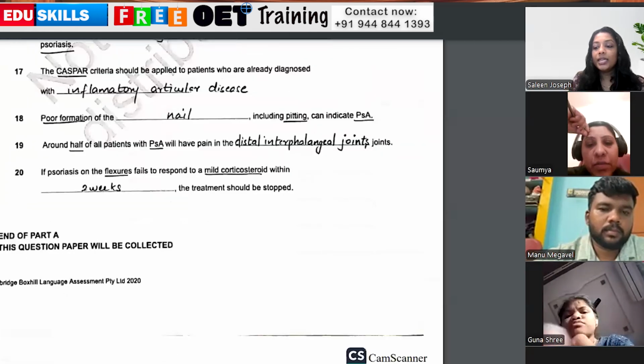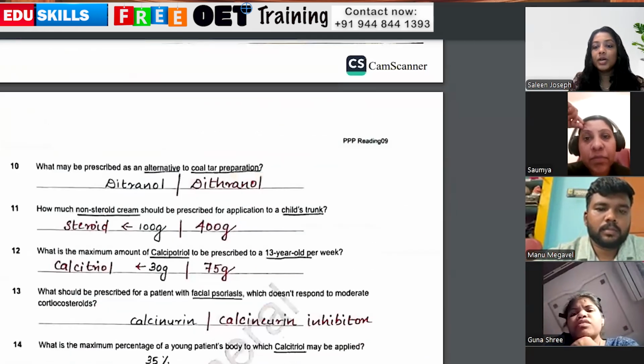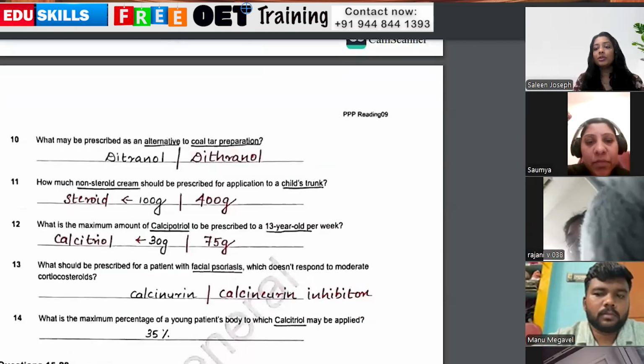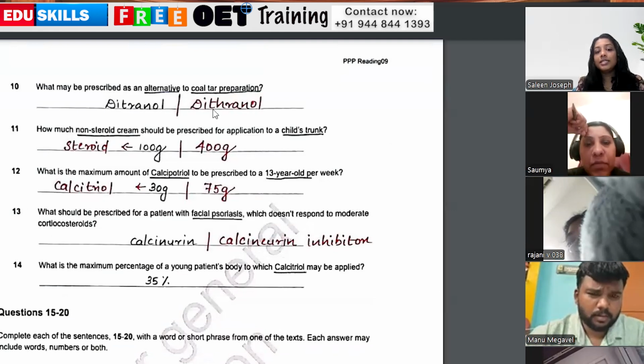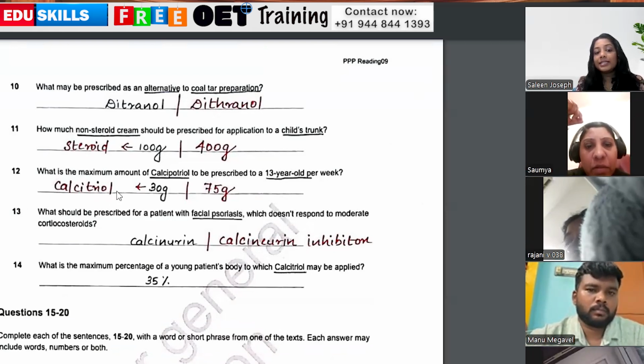Why I prepared this was to show you the common mistakes we usually make. Here, diethranol, as you told, the T is missing. This is 100 gram, which is for steroid, not for non-steroid. And this 30 gram is for calcitriol, not for calcipotriol. Then here again a spelling mistake and another word is missing, which means it is an incomplete answer.